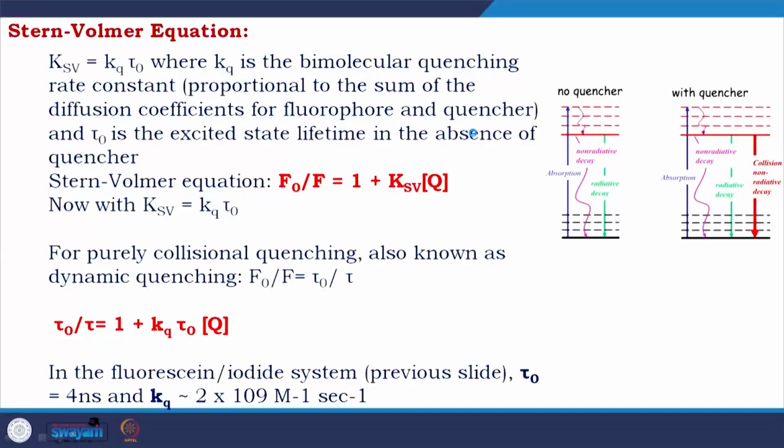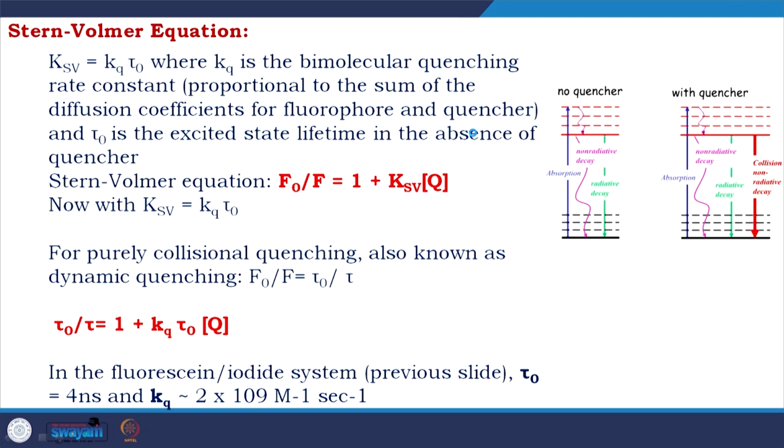So, KSV equals KQ tau 0, where KQ is the bimolecular quenching rate constant, which is proportional to the sum of the diffusion coefficients for fluorophore and quencher, and tau 0 is the excited state lifetime in the absence of quencher. Stern-Volmer was F0 by F equal to 1 plus KSV into Q concentration.